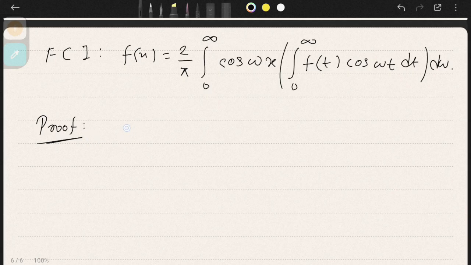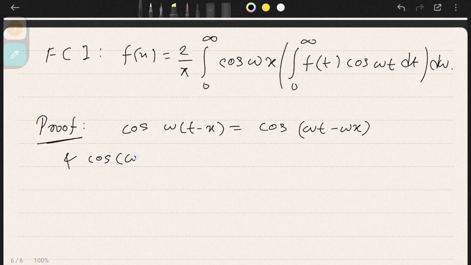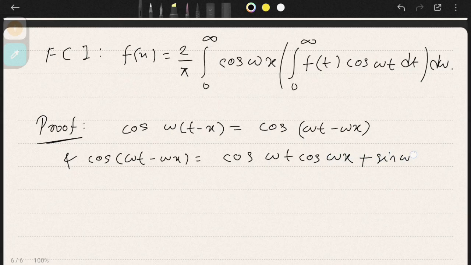We know that we can write, this is obvious, cos(omega t minus omega x) equals, by the cos(a minus b) formula, cos a cos b plus sin a sin b.